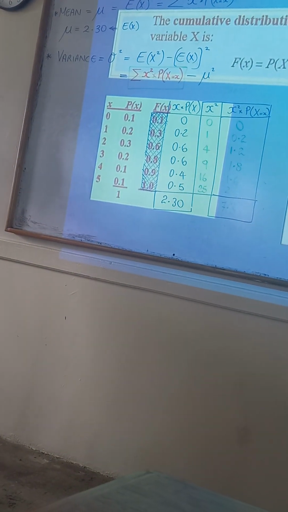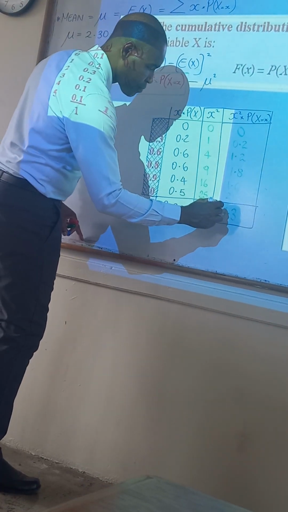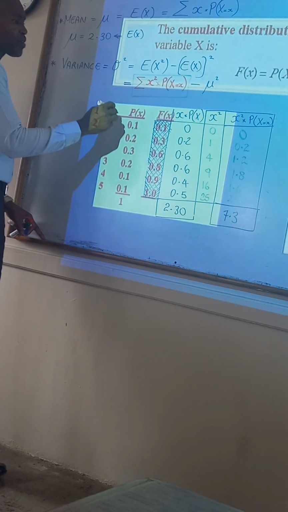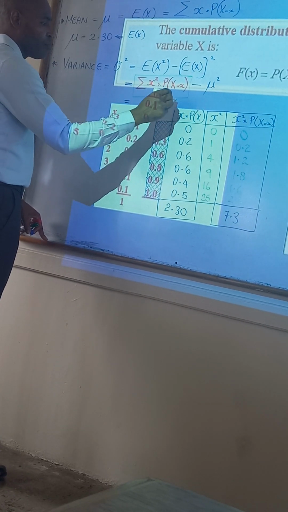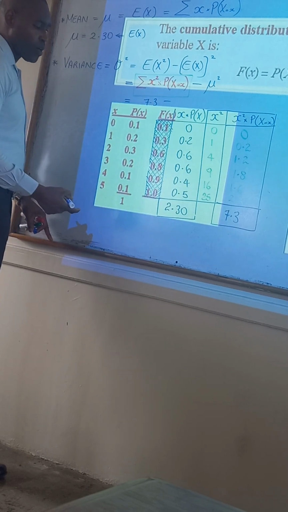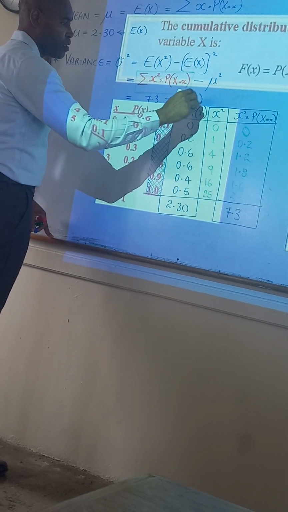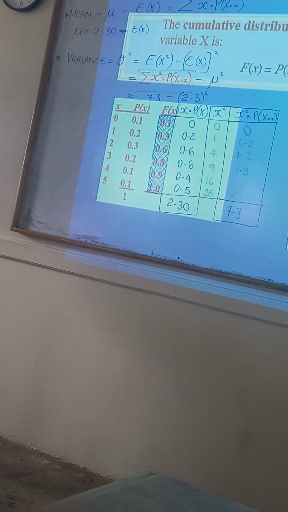So now that's 7.3. I'm going to take that 7.3 and subtract from it the mean squared. What's the mean? 2.3. So we're going to square the 2.3 and subtract that from it. 5.29.